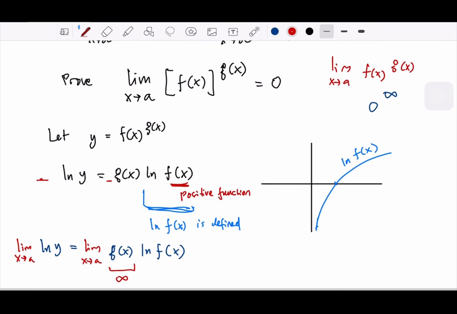But ln, as you may see from what we have here, when we approach some number, it will go infinitely negative, right? So this will have a negative.